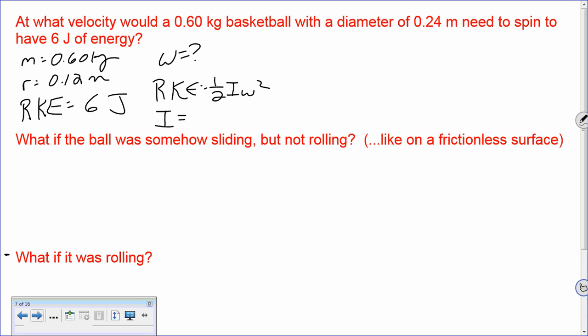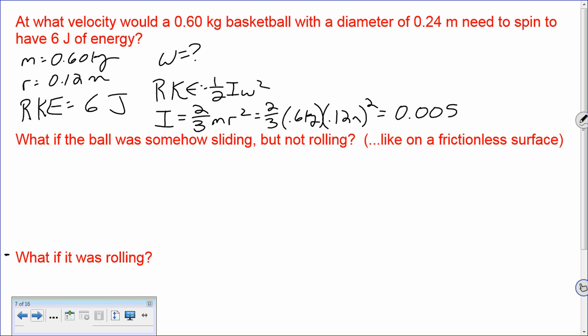It's hollow, so it's 2/3, right? So 2/3 of the mass, which is 0.6 kilograms, times our radius, which is 0.12 meters. Don't square it. And it gives you 0.00576 kilogram meters squared.